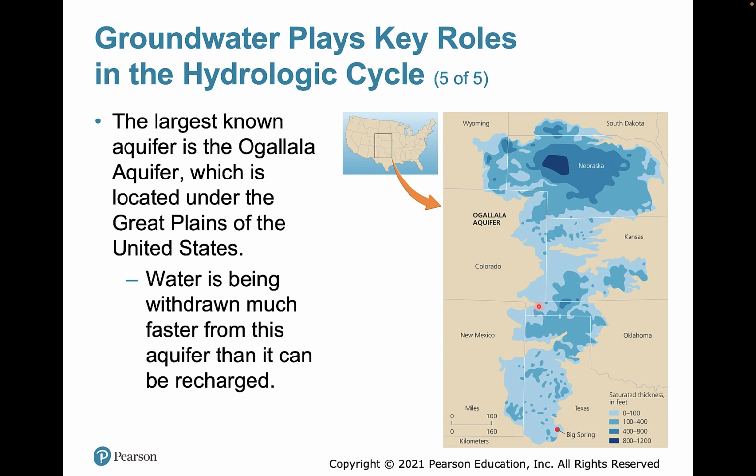So it's being withdrawn faster than it can recharge. So this is getting smaller and shallower in some areas, and that's very detrimental to the future existence of water in the Great Plains.